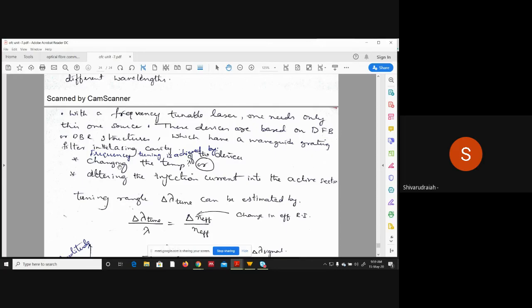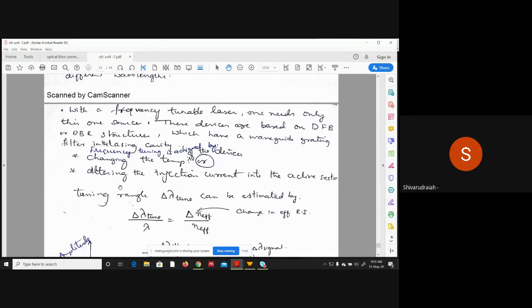This frequency tuning can also be achieved by changing the temperature. Cavity length is one more option. Changing the temperature, altering the injection current, and the cavity length are the parameters which impact the wavelength being produced, right?